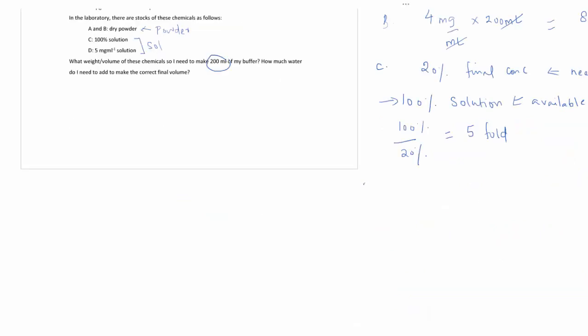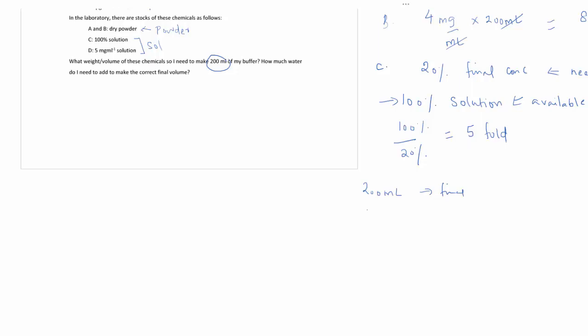And then we've got a volume of the buffer as 200 milliliters. So how much of the solution C will you take, which when diluted will yield 20%? That's the final volume, and we need to take the concentrated solution and dilute it 5 times. So what's the volume we need?